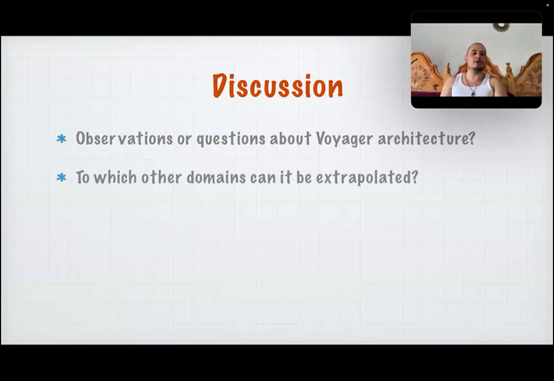Second, to which other domains can this be extrapolated? Sure, this happens in a video game such as Minecraft. Initially it might not be as interesting or useful, but if we think about this, can we use this for other elements? And for this, it's good to understand the key attributes that make this learning architecture a success.